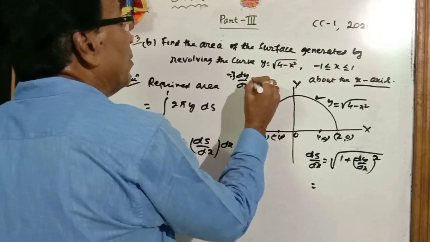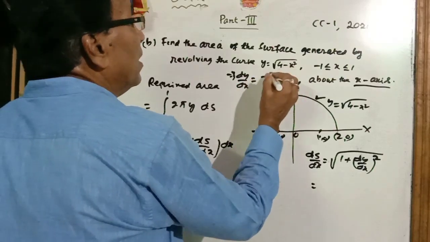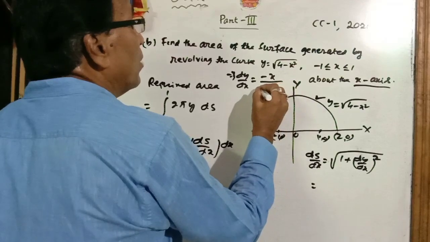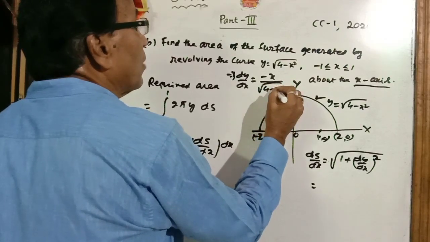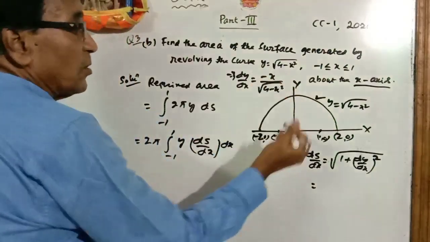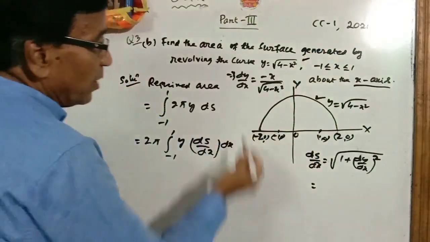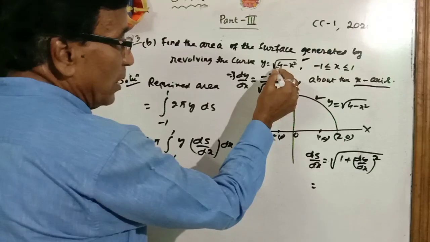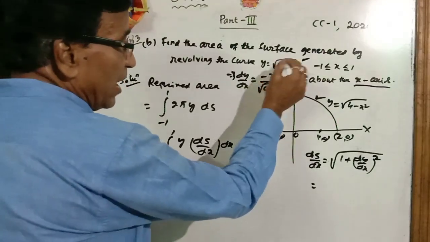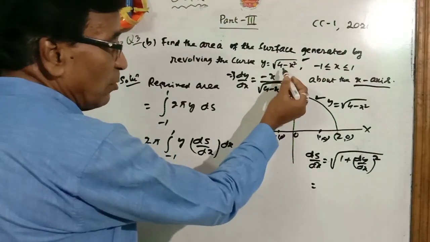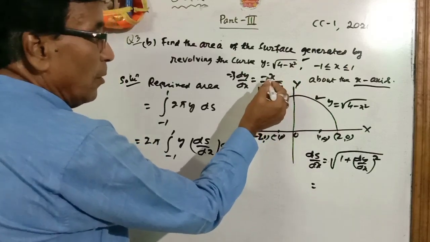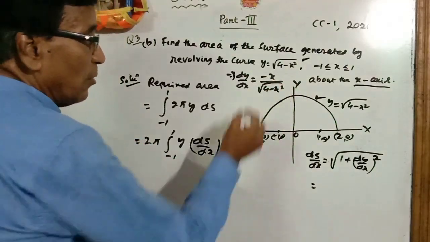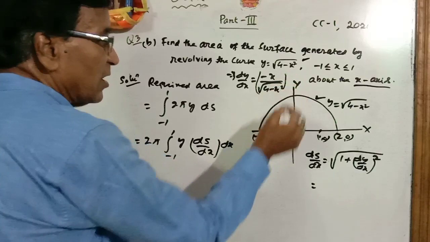The value of dy by dx will be minus x divided by square root of 4 minus x square. The derivative is 1 by 2 into square root of 4 minus x square, times the derivative of 4 minus x square, which is minus 2x. The 2 cancels out.